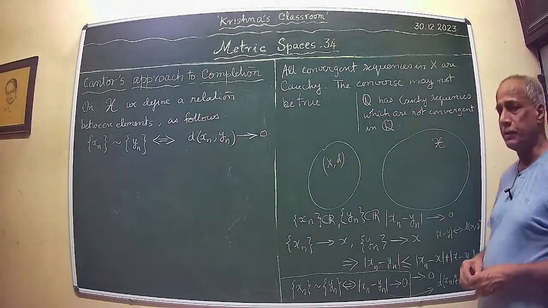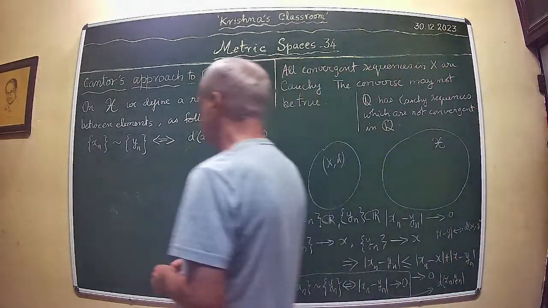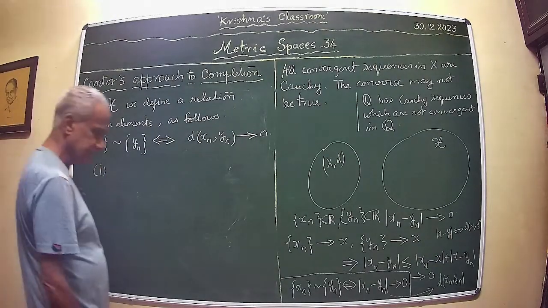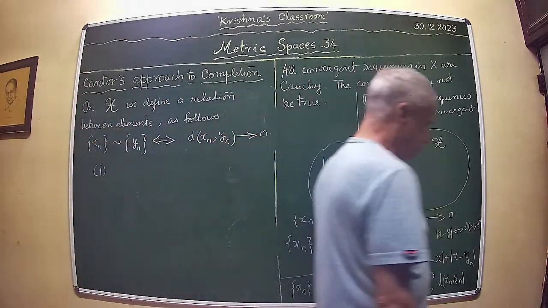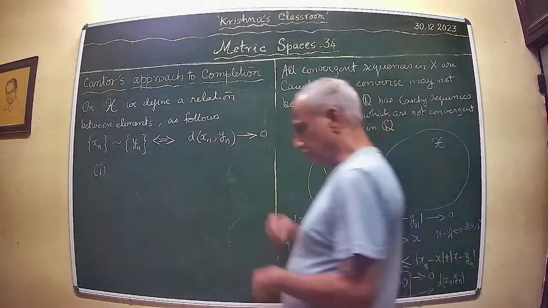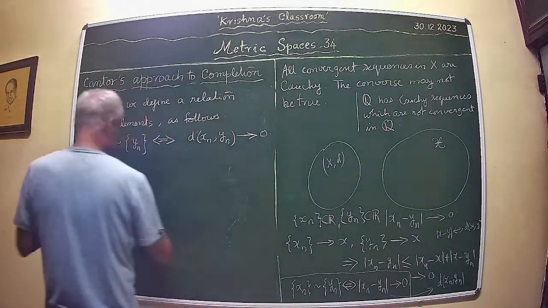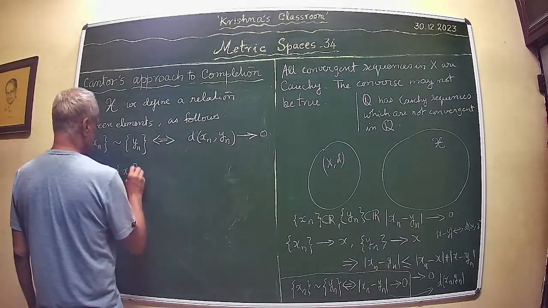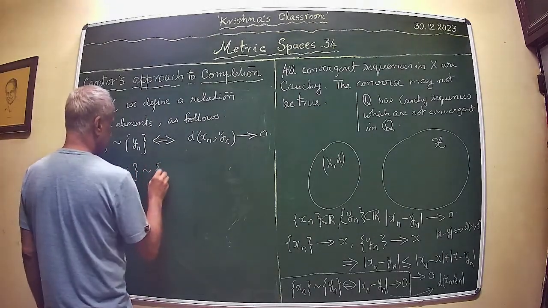Now we look at the properties of this relation. We observe, as we did in the case of sequences of rational numbers, that xn is related to xn.